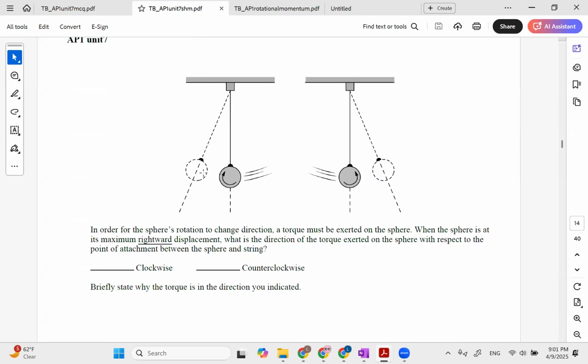So when it's going this way, it's rotating. When it's going this way, this is a rotational direction. But when it's going to the right, that's your rotational direction. Did you see that? Try to see how you find the direction of torque.